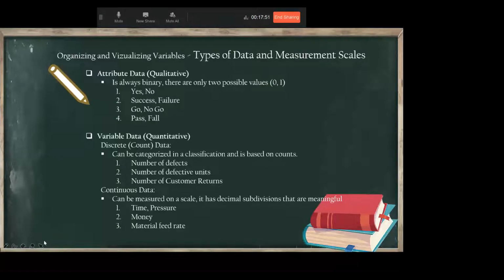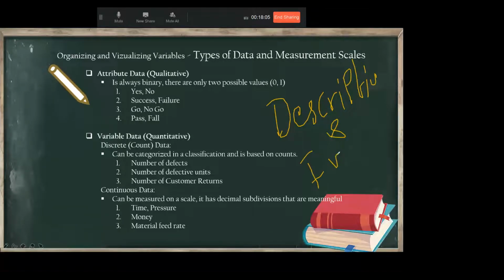So we already talked about qualitative, but before that, just one note: what is the difference between descriptive and inferential statistics? Just a quick review. Can you tell me the difference?